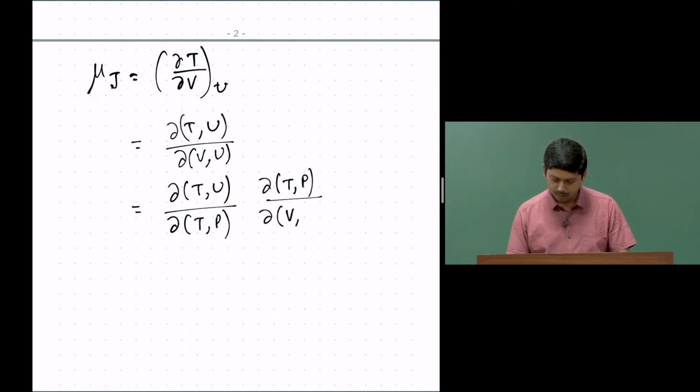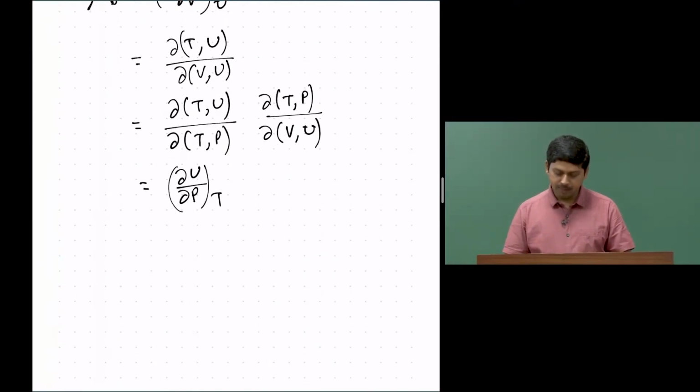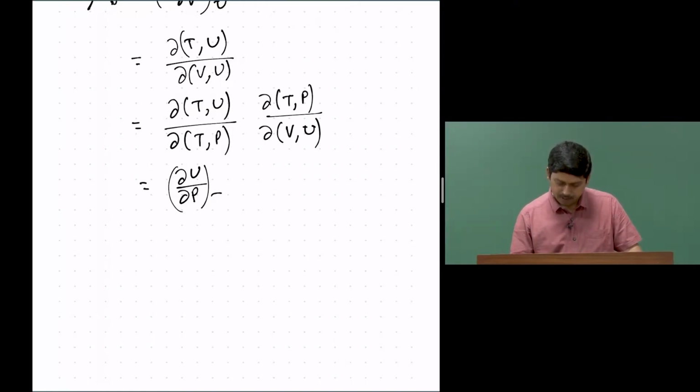Now this left hand side gives us ∂U/∂P at a constant T. So, instead of T, P, let us change it to V, because V is good for U. U has natural variables V and T. So let us change it to V. So instead of P, I will just put V.